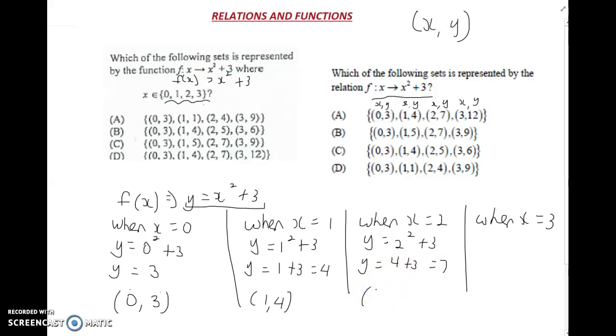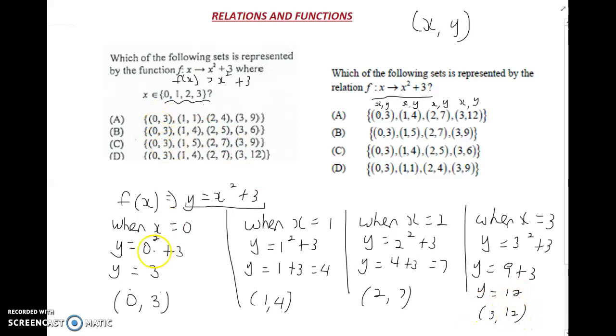When x is 2, y is 7. And then when x is 3, find the y value. 3 squared plus 3. 3 squared is 3 by 3, 9, plus 3. That is 12. So when x is 3, y is 12.